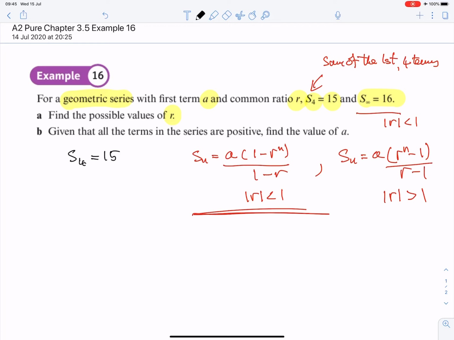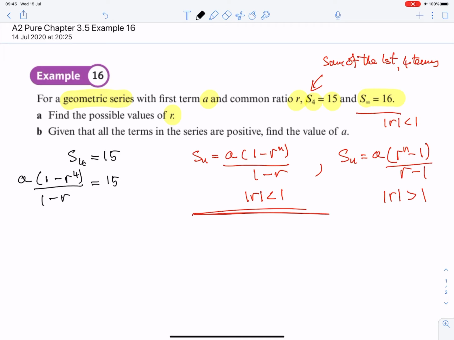So S4 is going to be equal to a lots of 1 minus r to the 4 over 1 minus r equals 15. We're also told that the sum to infinity is 16.